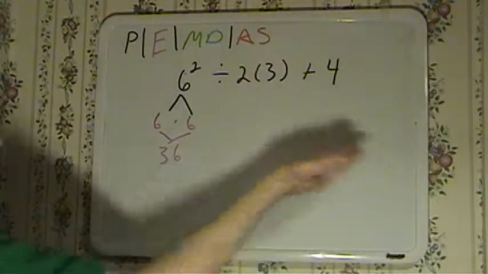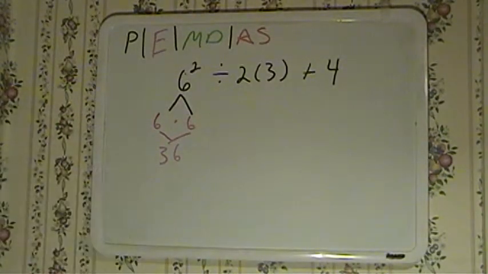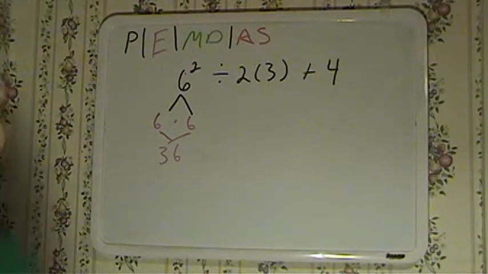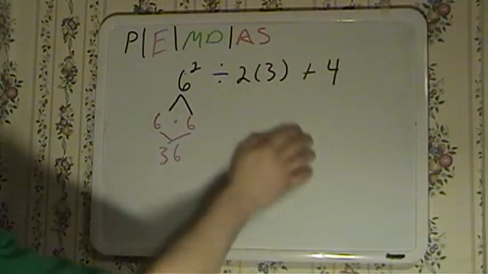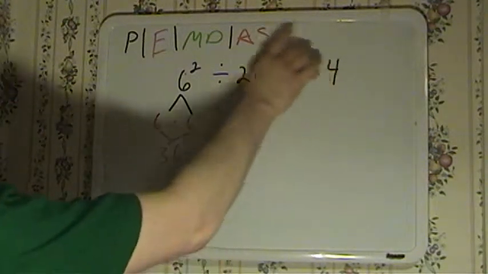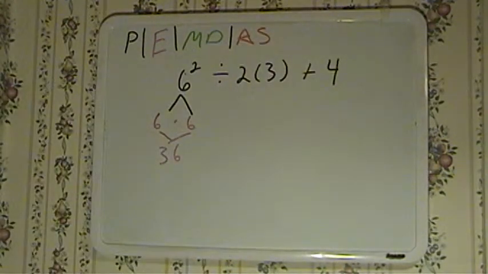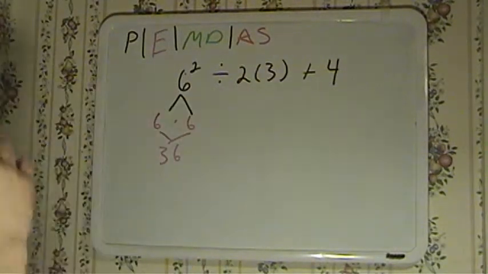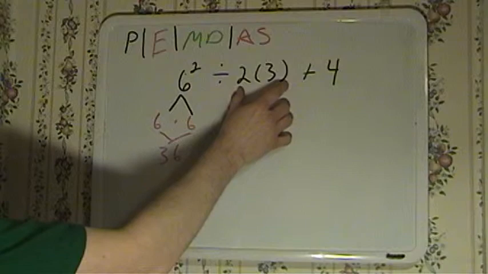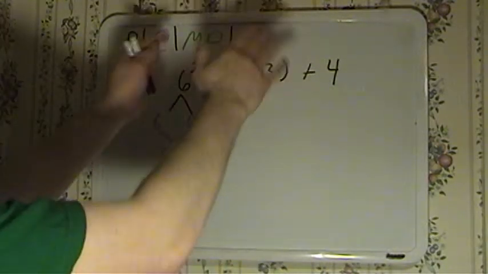There are no more exponents, so we look for multiplication and division. We see this division symbol. Now, this is going to go together as a multiplier before we do this division, because it binds these together as if it was a parenthetical statement.